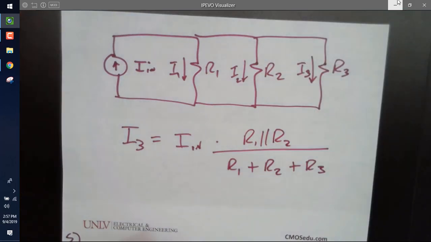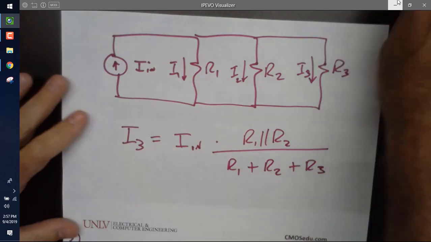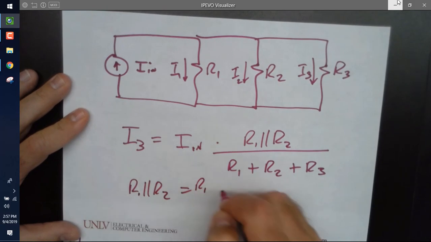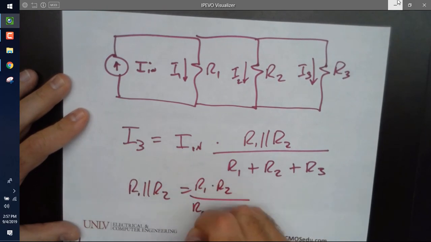So it's the same thing, all the resistors in parallel except for the one that you're trying to find, you just remove. Yes? And the R1 parallel with R2, that's equal to the R1 plus R2 over? Yep, that's R1 in parallel with R2 is equal to R1 times R2 over R1 plus R2.